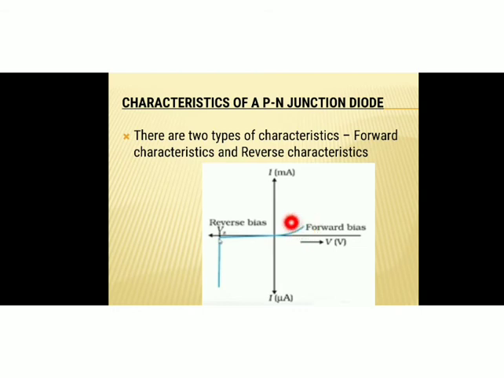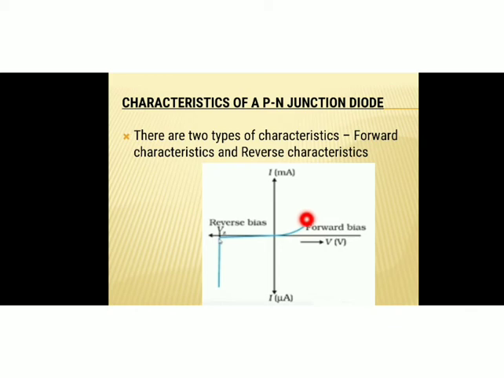And this point after which the current starts to increase is known as the threshold voltage or the cut-in voltage. So the diode will not conduct for all values of voltage. Only when the external voltage crosses the threshold value or the cut-in value of the diode, then after that the diode starts to conduct current.